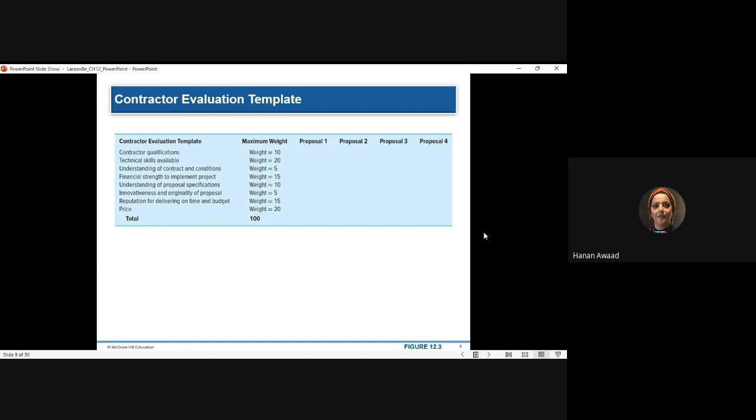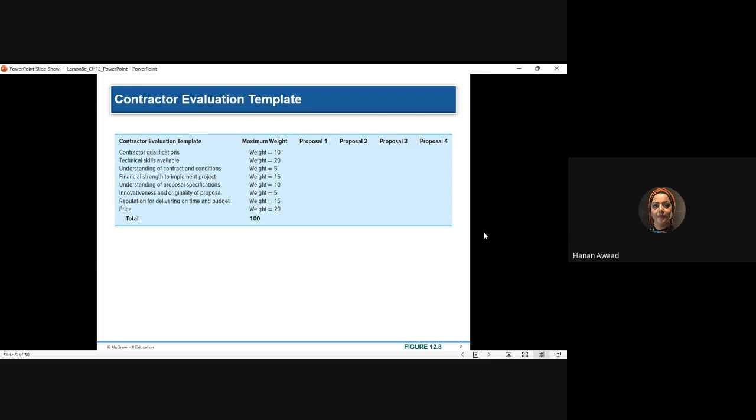We might set some criteria. For example, for the contractor qualifications, I have worked with a company, and they wanted all the team to acquire certain certifications, to have a certain level of education. For those who will work in the coordination, they have to be PMP, for example. So we set the minimum. Anyone above it, I might increase the score for them.